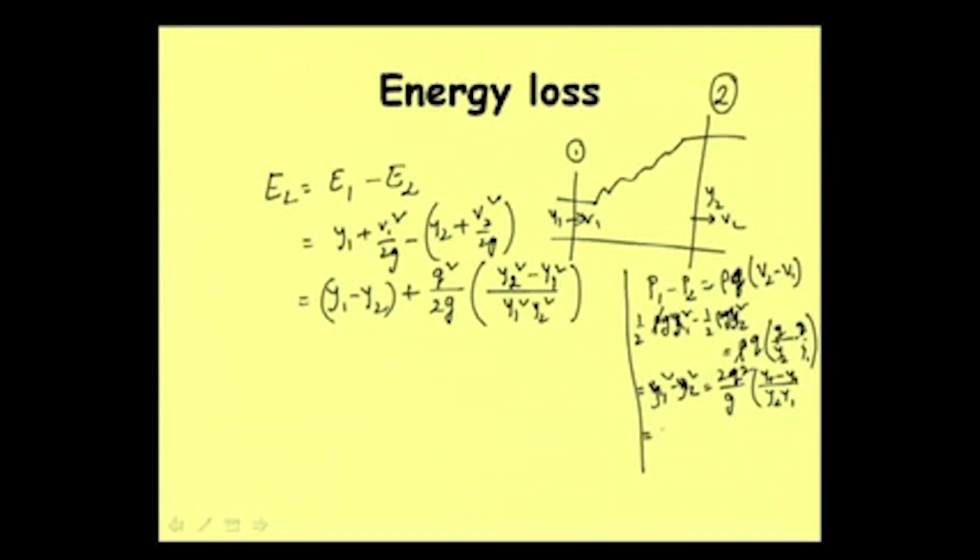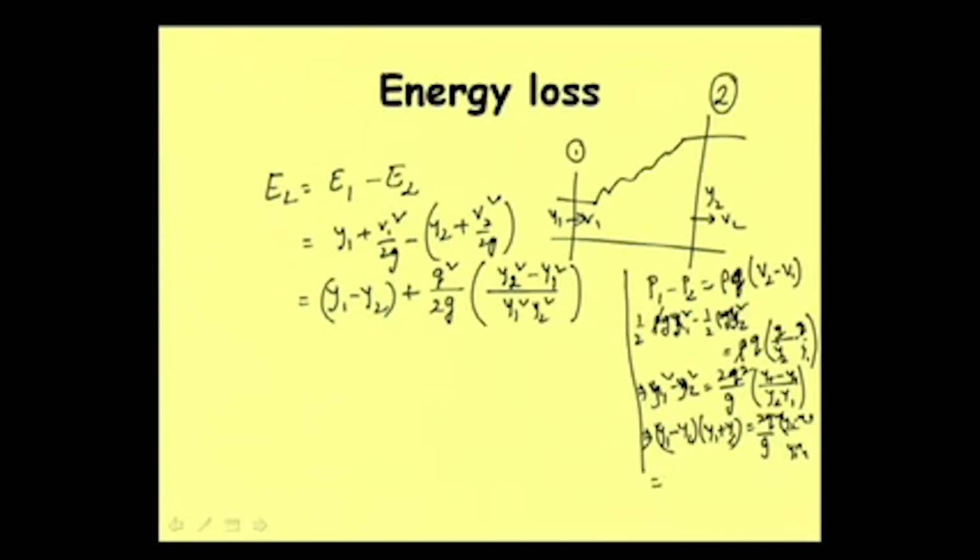Then what we can have is y1 minus y2 into y1 plus y2, equal to twice q square by g, and y1 minus y2 divided by y1 y2.